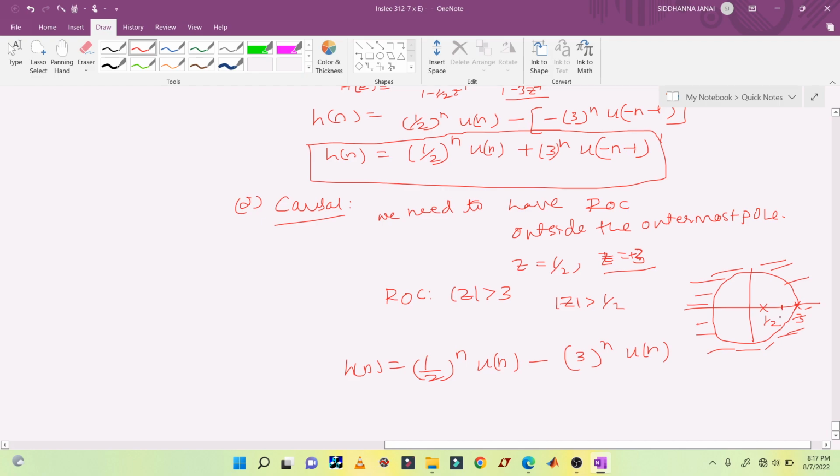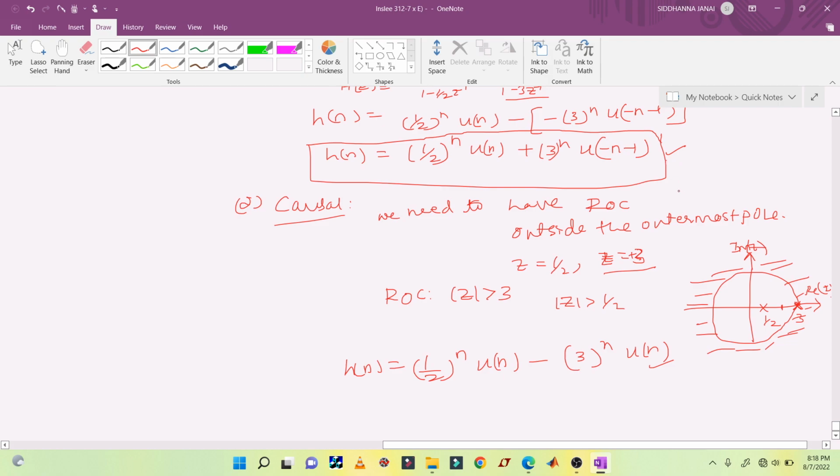For causality, there is no need to include the unit circle. If you include the unit circle, then we can call it a stable system. For causality, independently we can say if ROC is outside the outermost pole, then it is a causal system. And you can see here, if it is stable, it is not causal, because it will become a two-sided sequence.